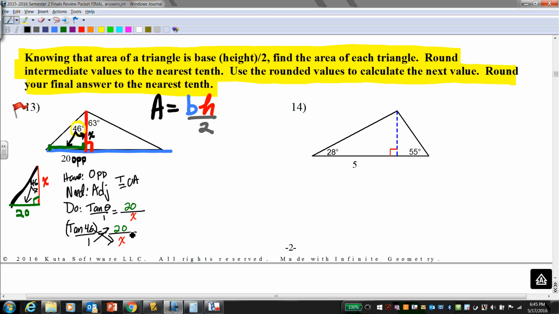Cross multiply. We get tan 46 times x equals 20. We solve for x here. X is going to equal 20 divided by that tan of 46.